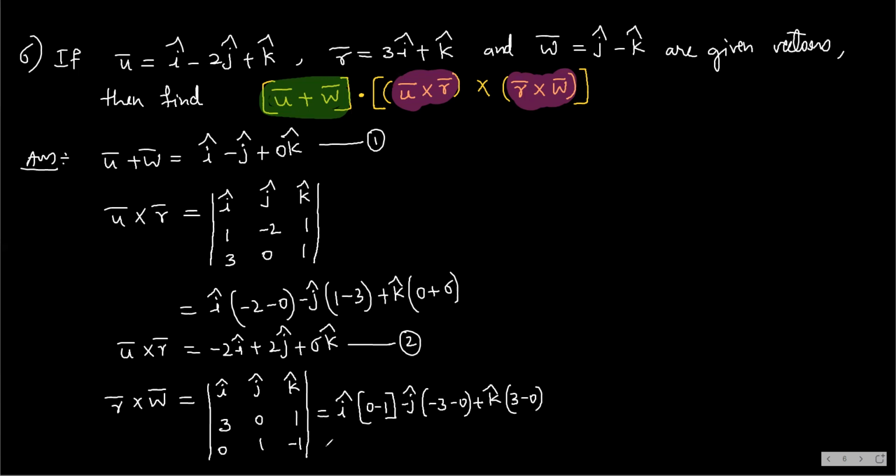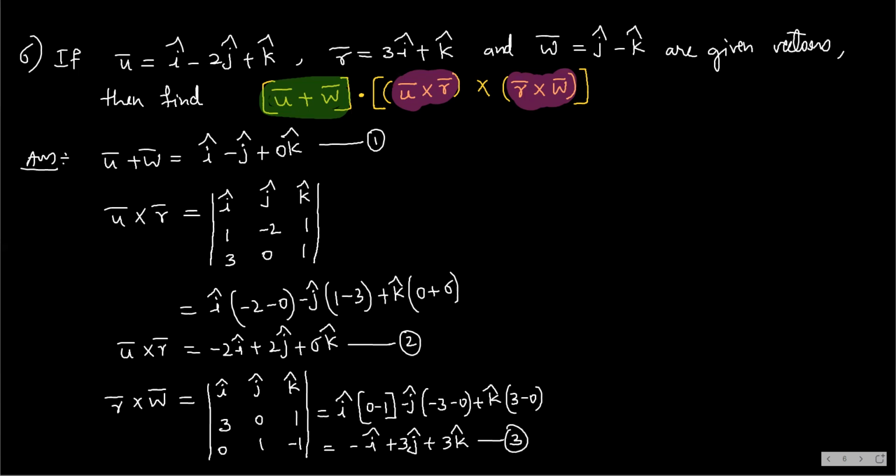That is minus i cap plus 3 j cap plus 3 k cap. This is number 3. Okay.